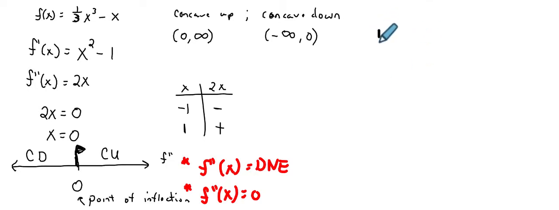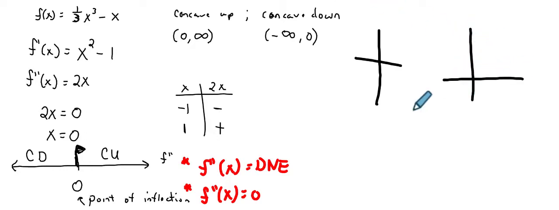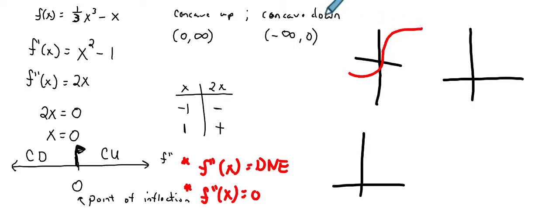So graphically, not dealing with this problem here, for any points of inflection we can have a couple of situations occur. I just want to look at this graphically. Let's say I have a concave up, and then it switches to concave down. So this is our point of inflection.